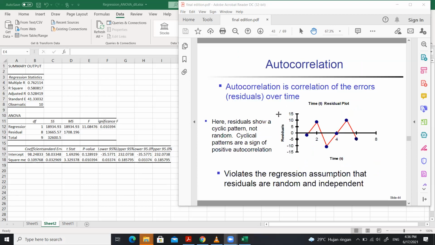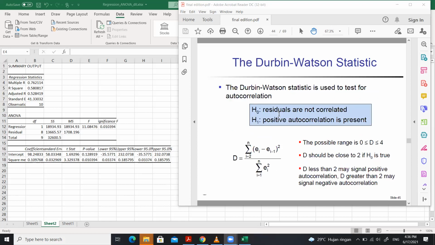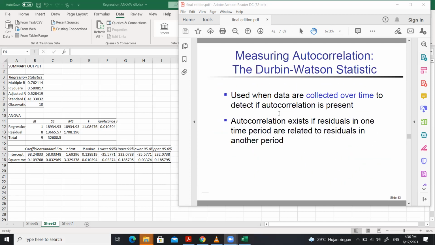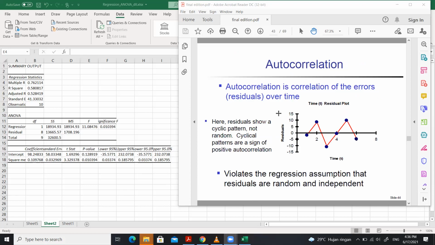This is kind of autocorrelation. Yeah, no problem.